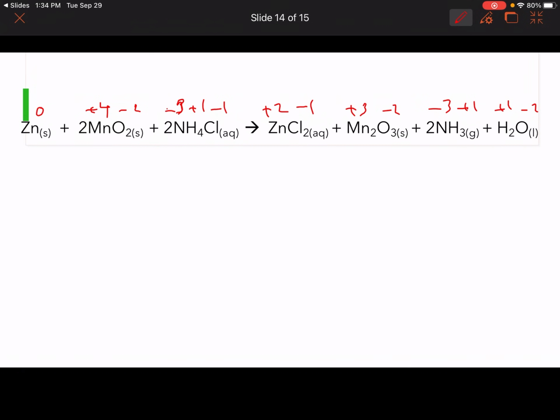Okay, this one's complex. So now we're going to look for the species that changed. So the manganese changed. Manganese went from +4 to +3, so it became more negative. So that is our gaining electrons. And the other thing that changed is our zinc.